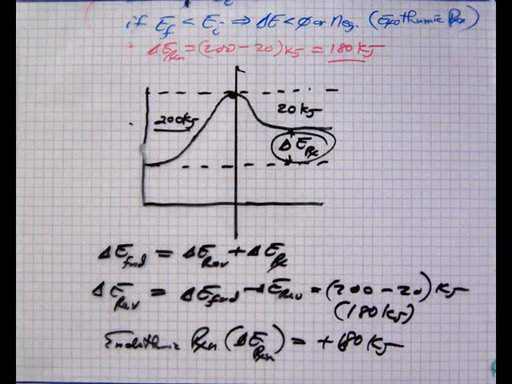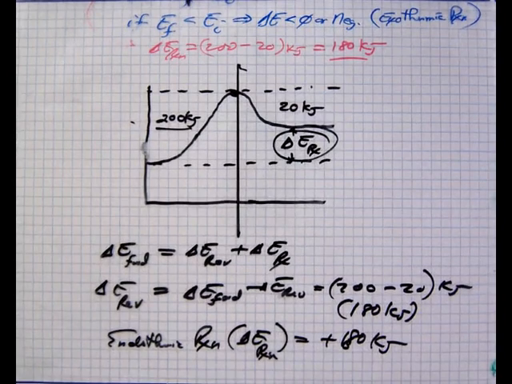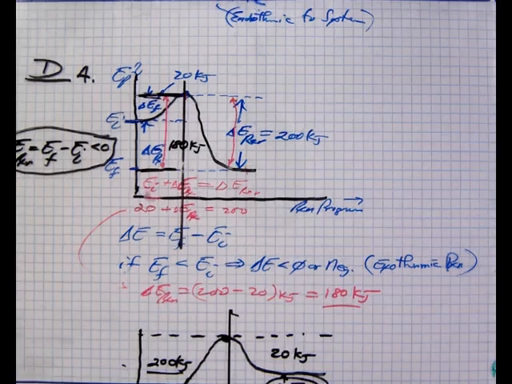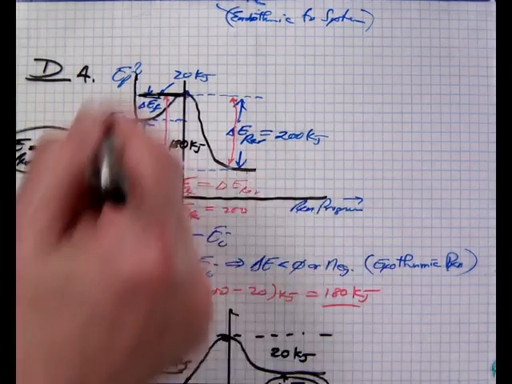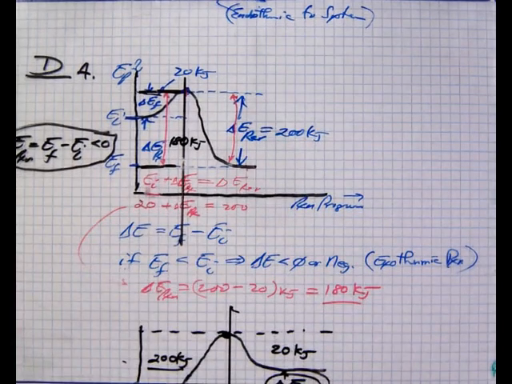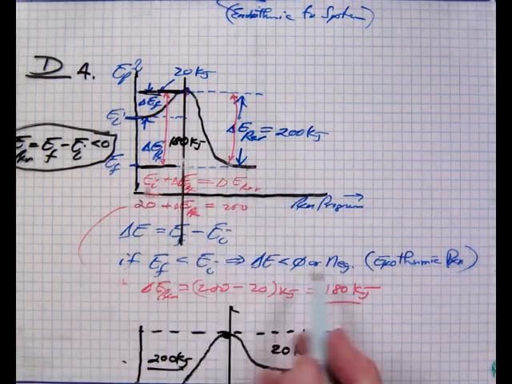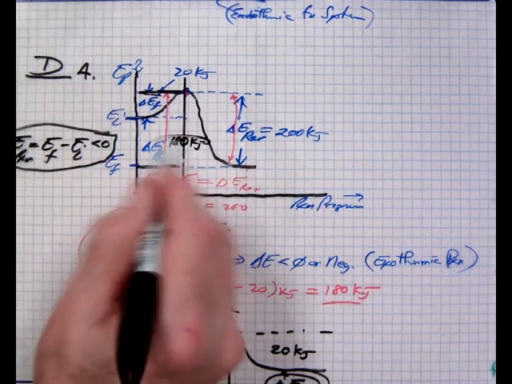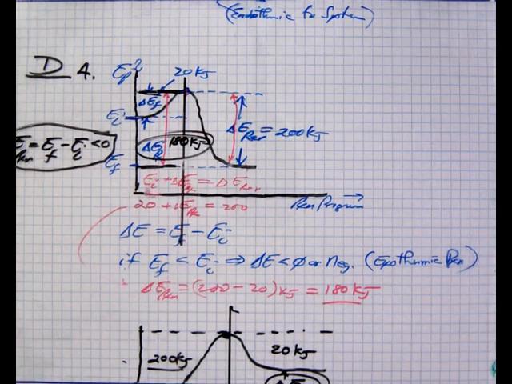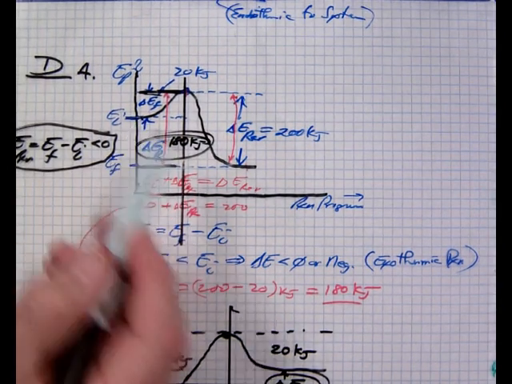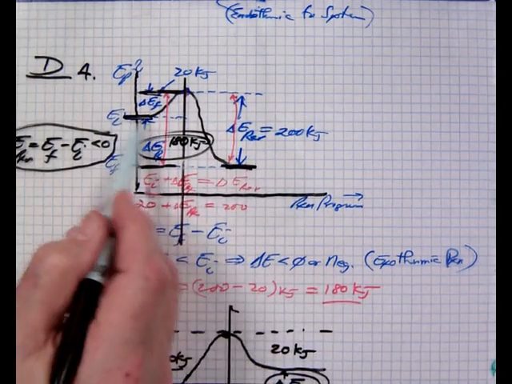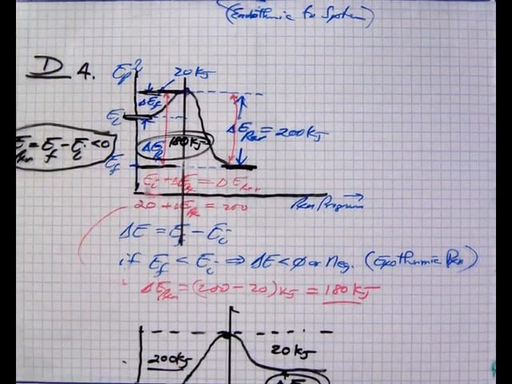However, let me start back down. In this one right here, even though the unknown was this, you calculated the heat of reaction because it's between here and here. And 180 plus 20 gives you the other side.